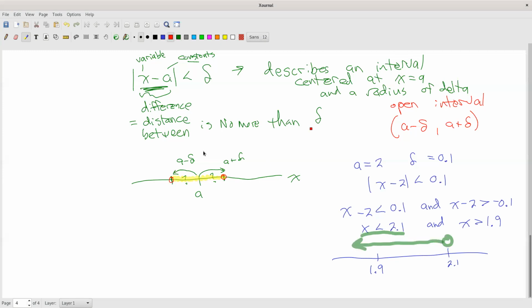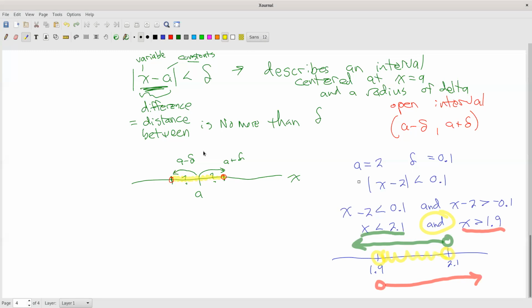And then this one right here, let's shade that in red. This one says starting at 1.9, open circle. Oops, I wanted to draw that below. Go to the right forever. And the and means they have to overlap. Where do they intersect? Well, they intersect right in the middle, in this region right here.